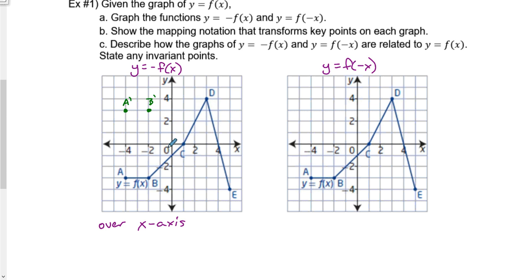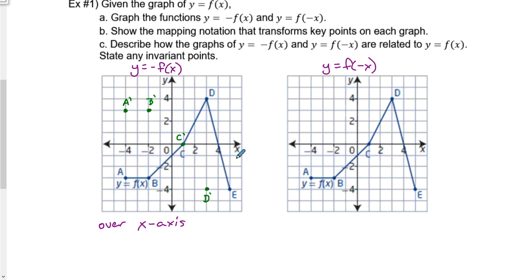The C point, so we can't exactly flip anything over the x-axis here. So C and C prime are going to be the exact same thing. If I measure D, D is 4 points above. So when we reflect it over the x-axis, it's going to be 4 points below.